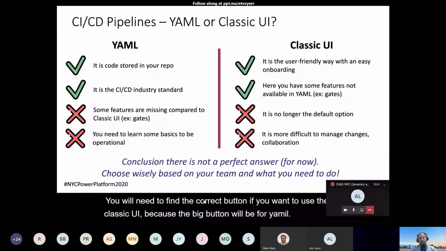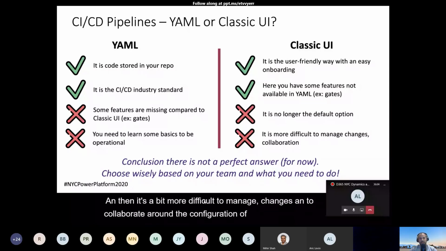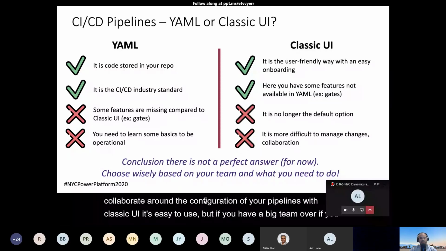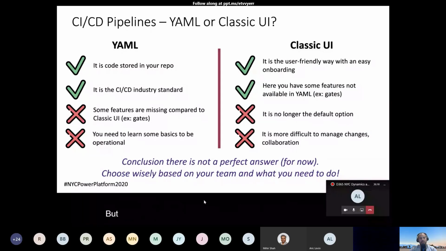And then it's a bit more difficult to manage changes and to collaborate around the configuration of your pipelines with classic UI. It's easy to use, but if you have a big team or if you collaborate with many people in the organization, it's not the best way.